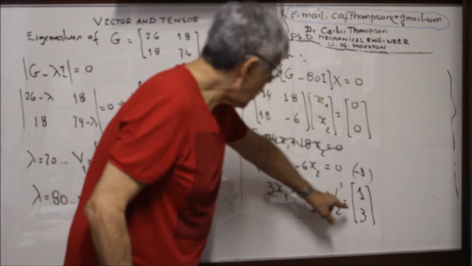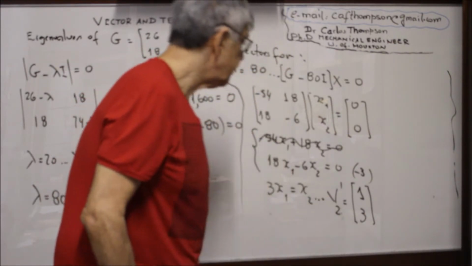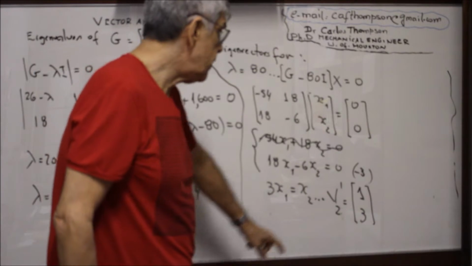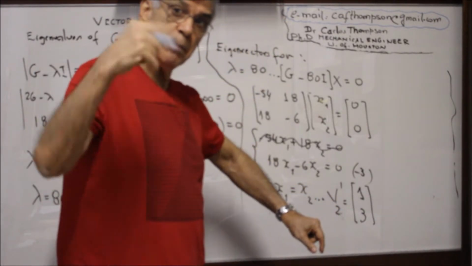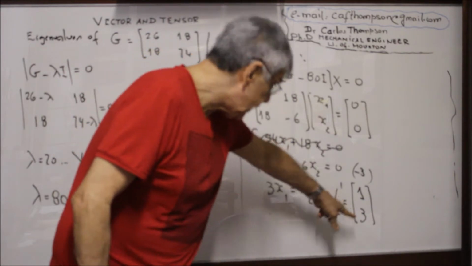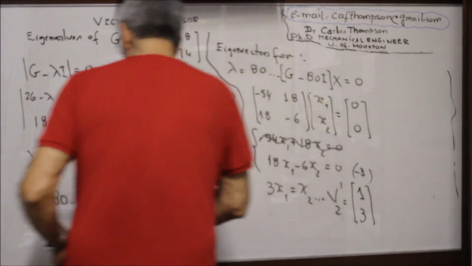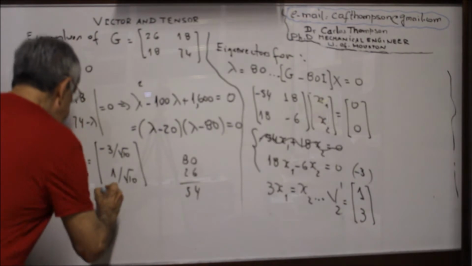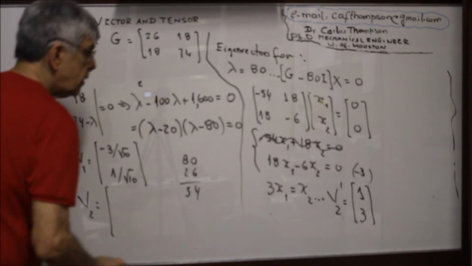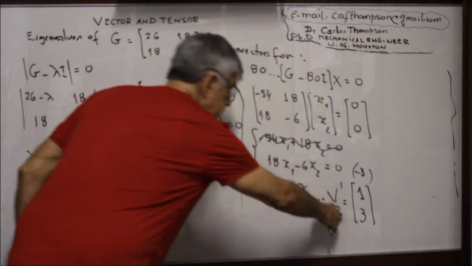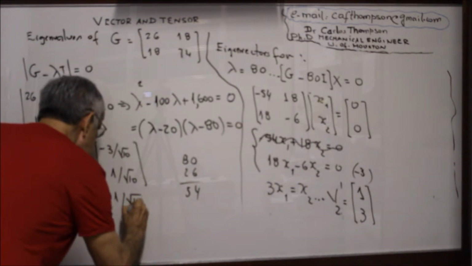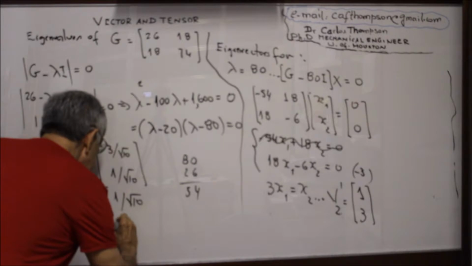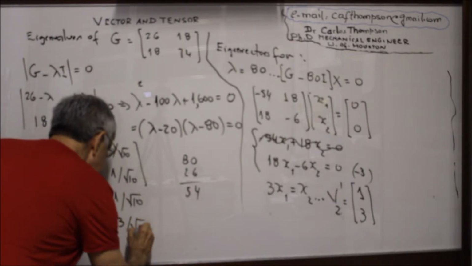Now, if you divide this eigenvector by its magnitude, which is the square root of 10, we can write for lambda equal to 80, now this I call v prime 2, this will be 1 over square root of 10 and 3 over square root of 10.